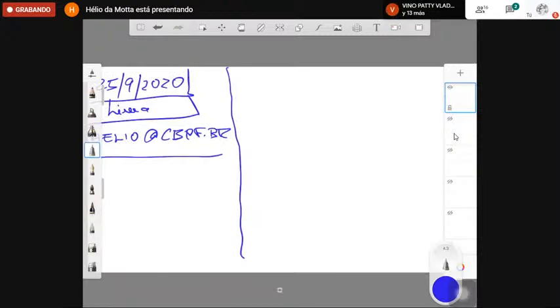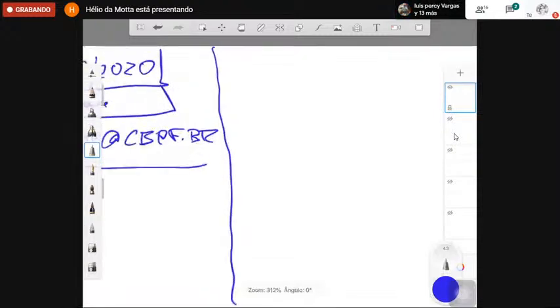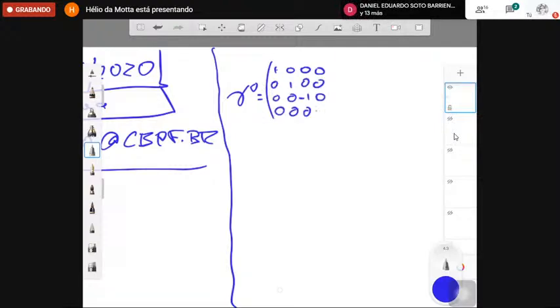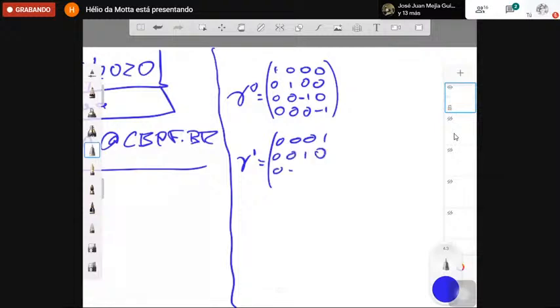I want to write just for our reference things that will be important and that we need today. So at some point, there's a very strange equation that came at the end, which has some matrices. Let's write them here. So this is gamma. This gamma matrix is just 1, 0, 0, 0, 0, 1, 0, 0, 0, 0, minus 1, 0, 0, 0, 0, minus 1. Okay? The other matrix is 1, 0, 0, 0, 1, 0, 0, 1, 0, 0, minus 1, 0, 0, minus 1, 0, 0, 0.